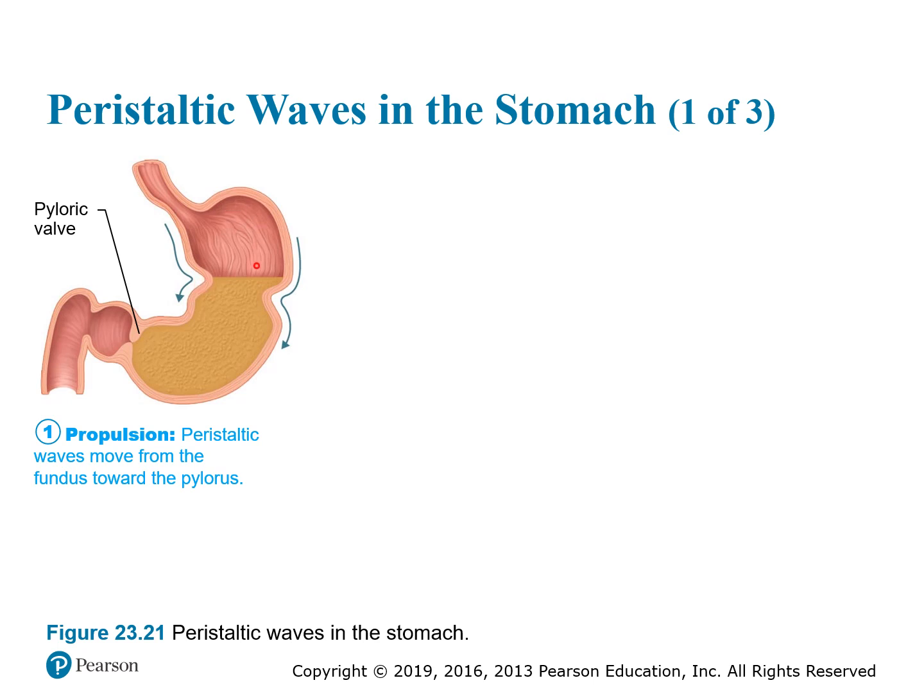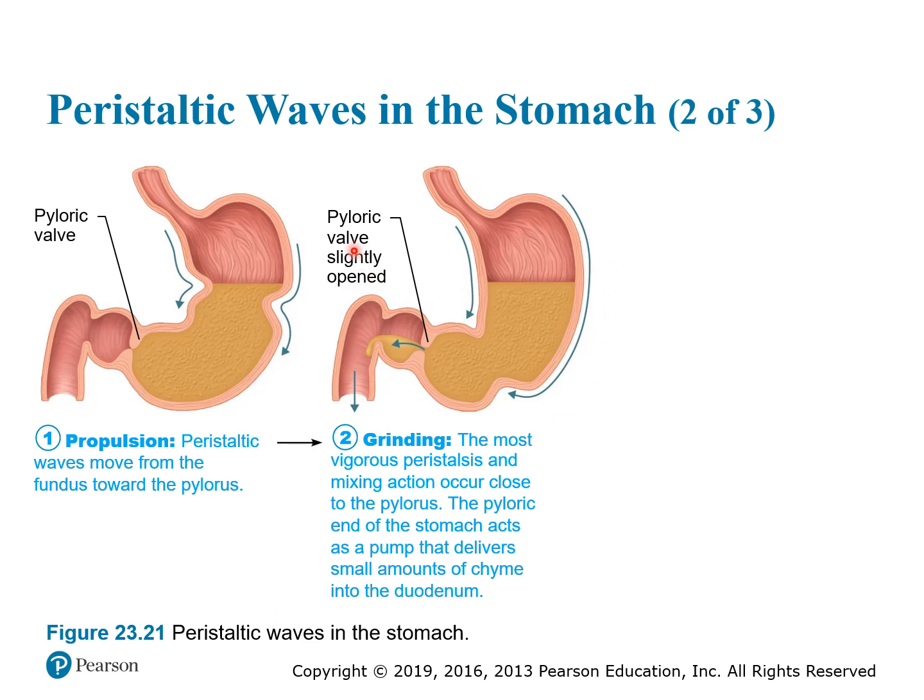This is the fundus, this is the body, and this is the pylorus. Now the pyloric valve is slightly opened. So if this is, for example, 30 ml of food, only 3 ml, a little amount, squirts into the duodenum. The rest is pushed back.